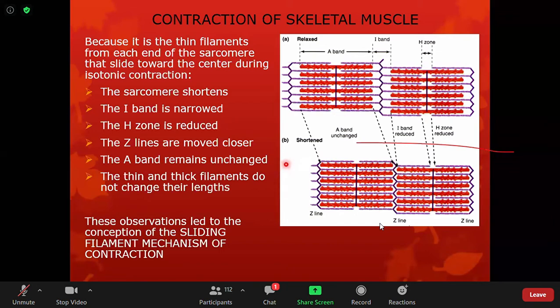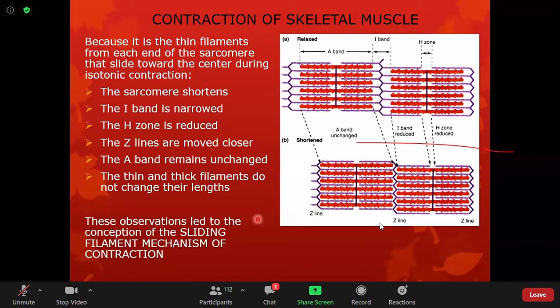A, the sarcomere shortens. B, the I band is narrowed. C, the H zone is reduced. D, the A band. E, the Z lines are moved closer. One of the following does not occur when the thin filament slides toward the center of the sarcomere during isotonic contraction.